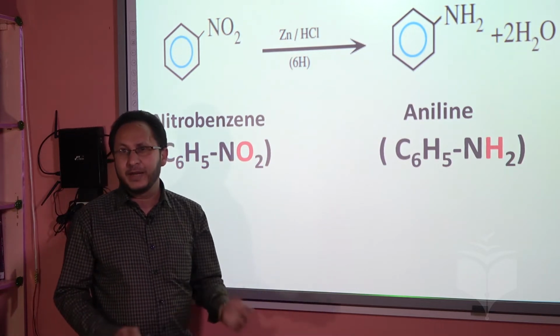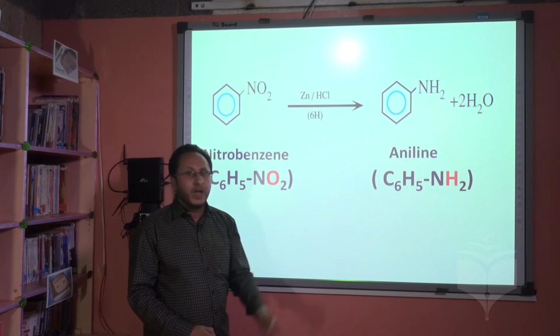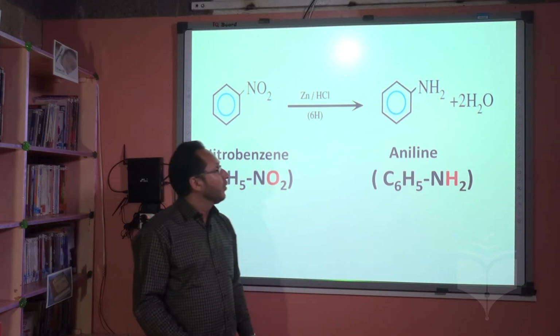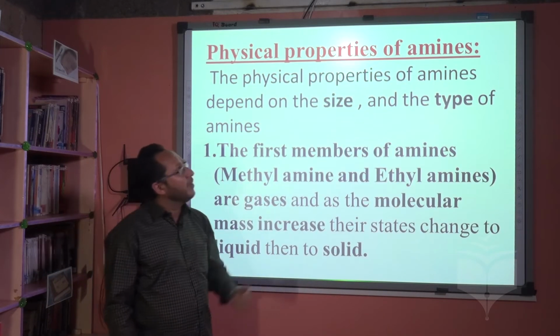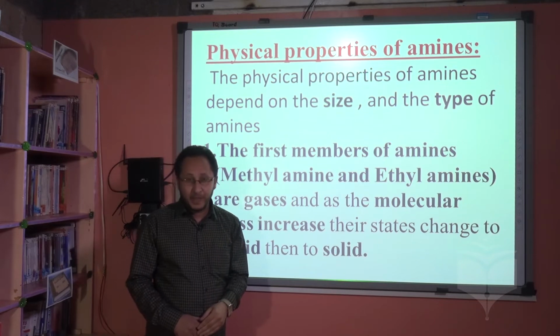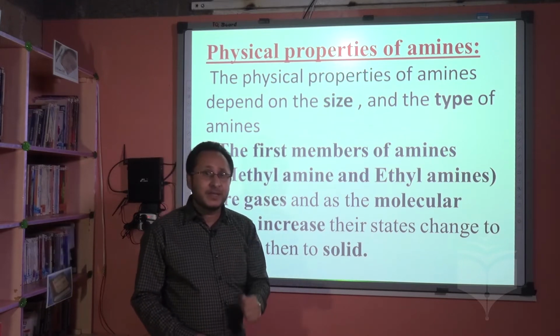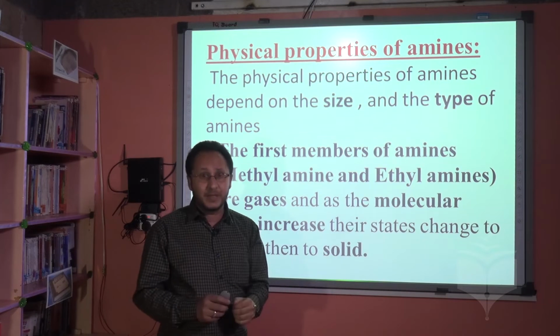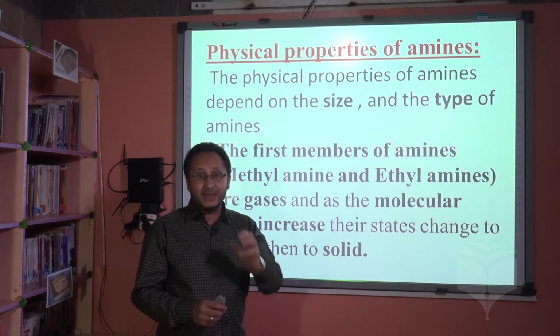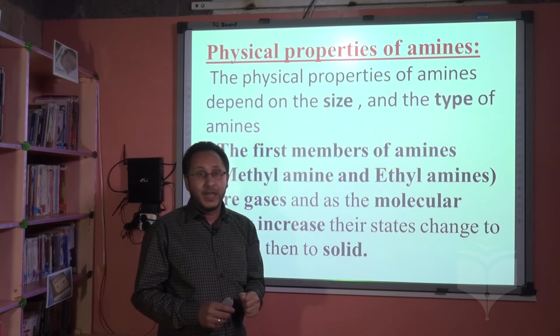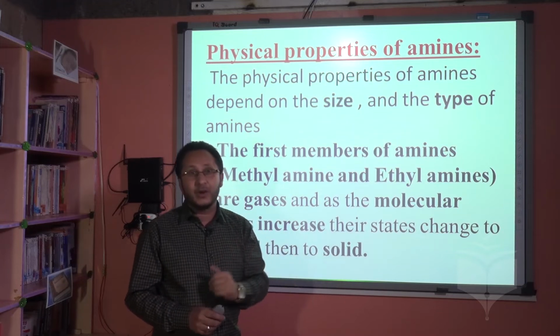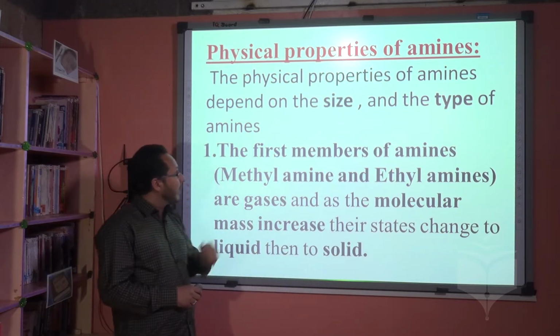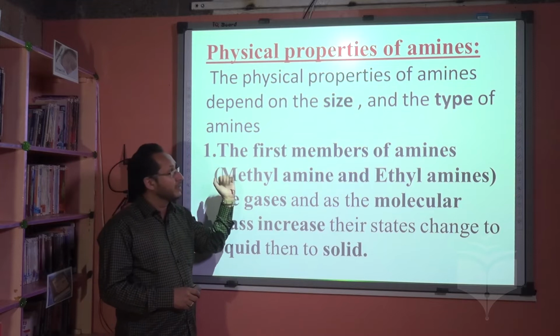preparing amines. Now we have to go to the next point, the physical properties of the amines. Physical properties of the amines depend on the size of the amines, meaning the molecular mass, and also the type of amines, if it's primary, secondary, or tertiary. Here we have the first physical property.